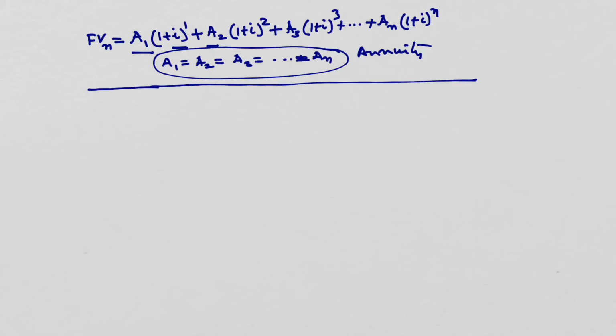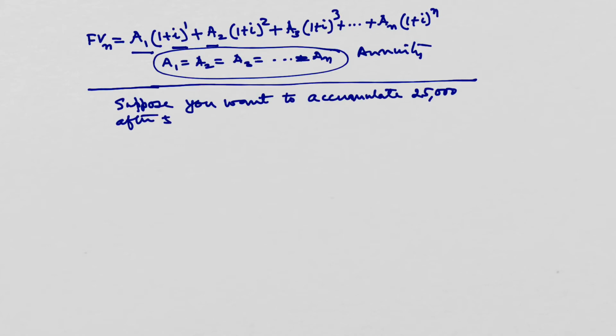Let us take an example of application of future value. Suppose you want to accumulate 25,000 rupees after 5 years at an interest rate of 5%.